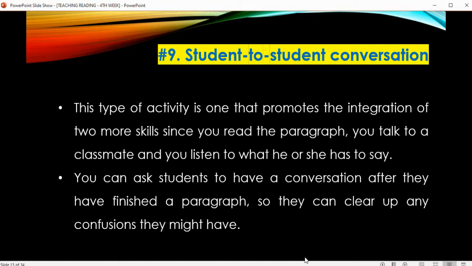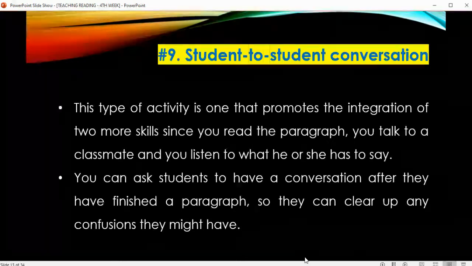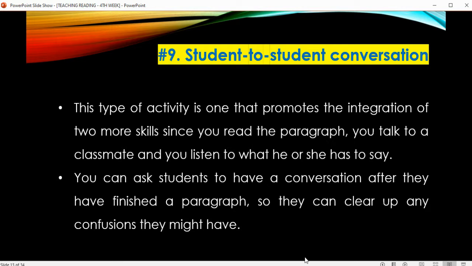You can ask students to have a conversation after they have finished a paragraph, so they can clear up any confusions they might have. Notice here, you give some time to read maybe a paragraph, so after the students have finished reading this paragraph, you can ask them to work together and discuss what each person understood, so they can share their ideas.